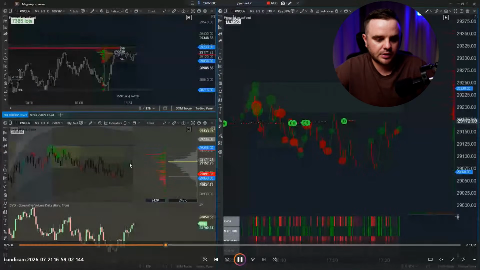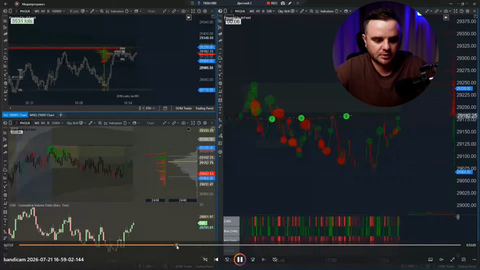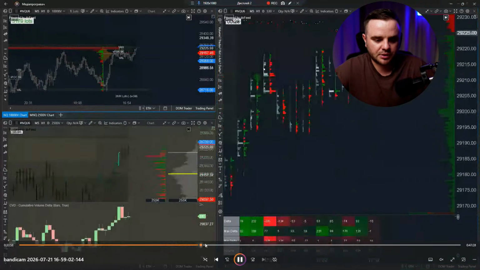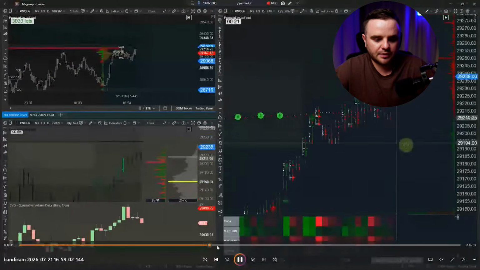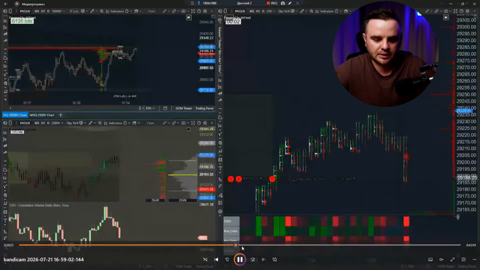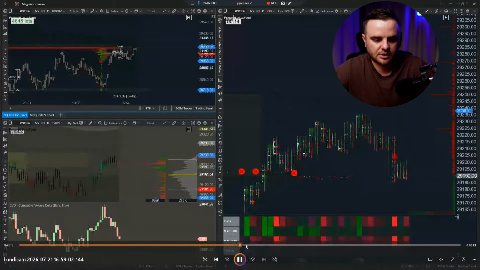Here you can see from this area, from POC, buyers started to step in. Have a look how buyers started to step in. And within a few minutes, I will show you an absorption that I took.